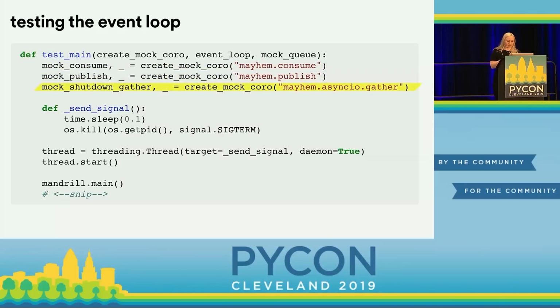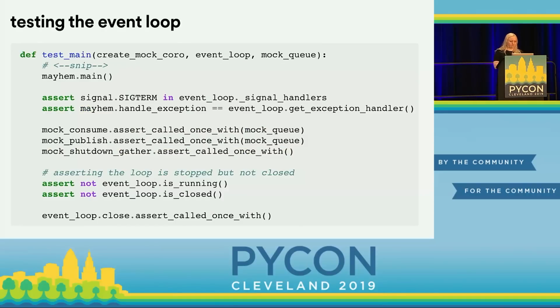So instead, we mock out the coroutines within shutdown, the asyncio.gather. And then here I'm starting a thread that will essentially send the process a signal after a tenth of a second. And after starting that thread, we will then call the main function that we want to test.